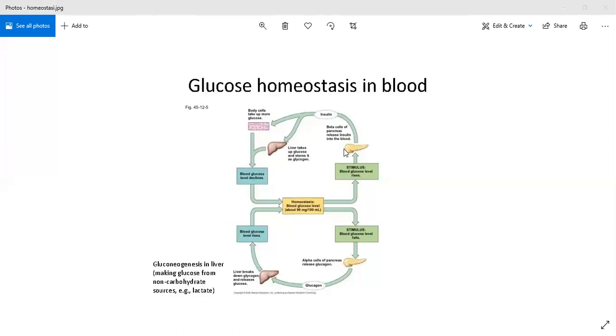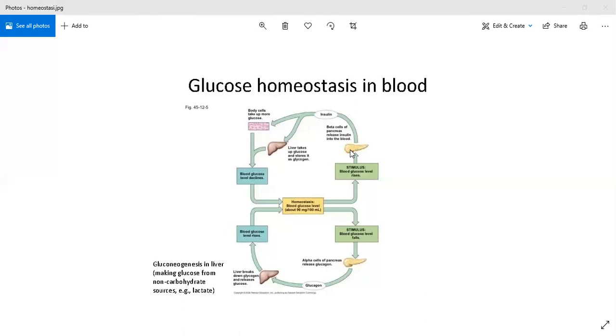Either the pancreas cannot produce insulin because there is a problem with the pancreas, maybe it was cut during surgery, or it had some kind of autoimmune disease that destroyed it, and it cannot release insulin. So that person has lost homeostasis of glucose, and then diabetes mellitus results.